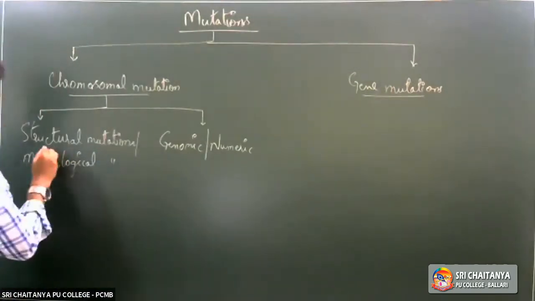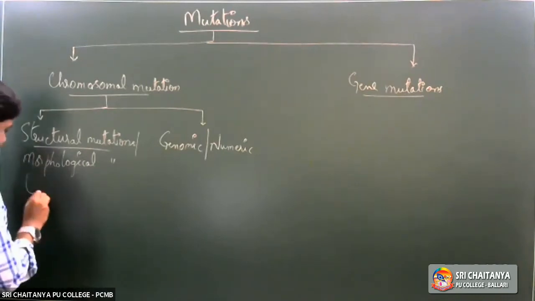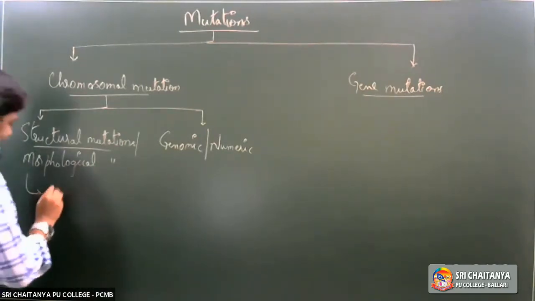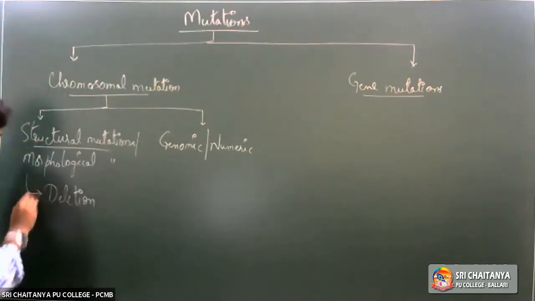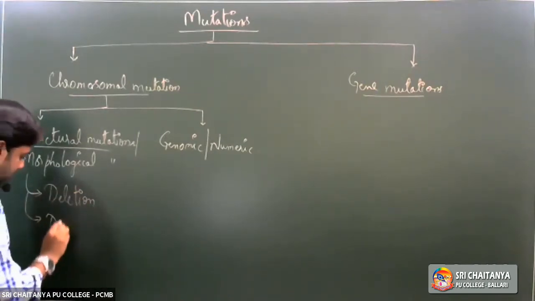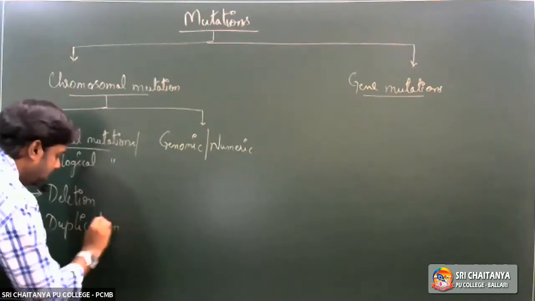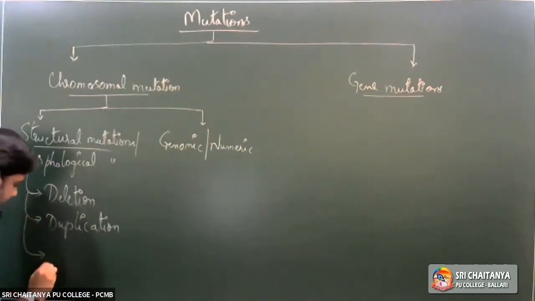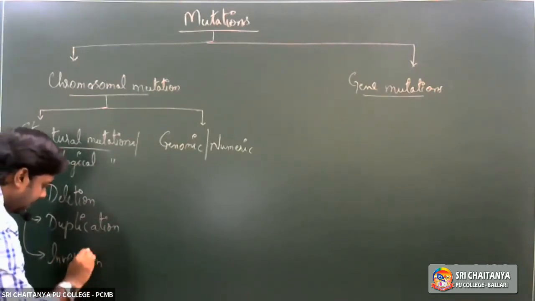Right. Next, under structural mutation, we have different types, of which the first one is termed deletion. The second is duplication. The third is inversion.